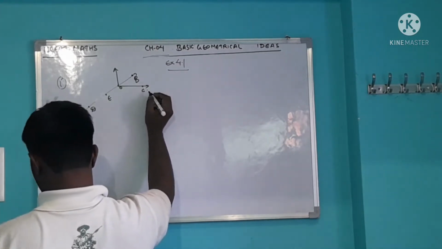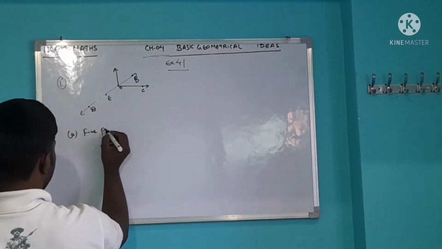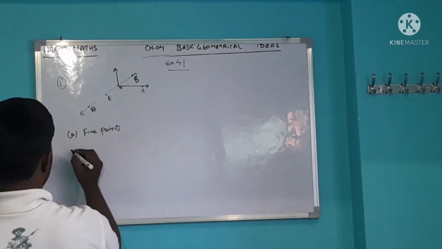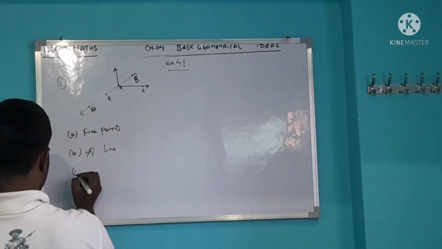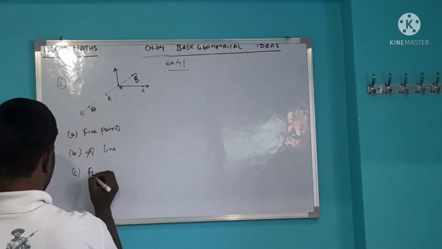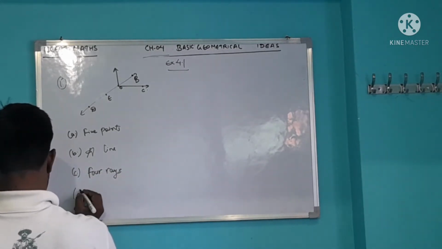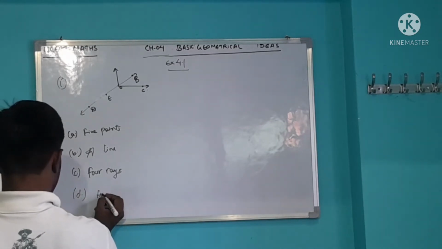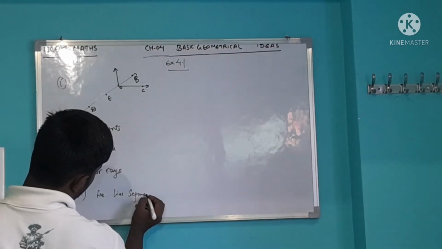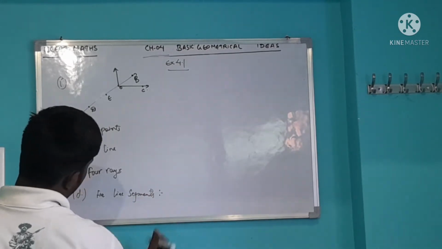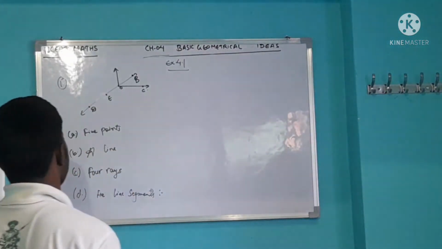In this we need to find 5 points. In B part we have a line. In C part we have 4 rays. In D part we have 5 line segments. So these are the 4 parts which were asked in our first question.